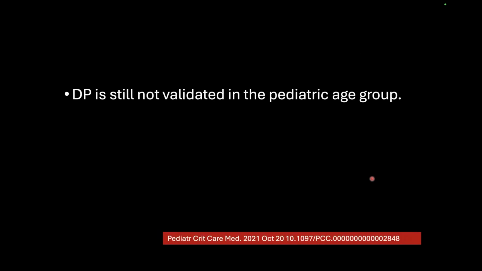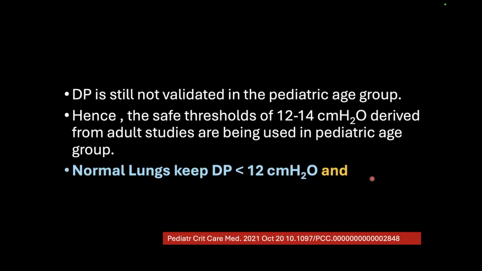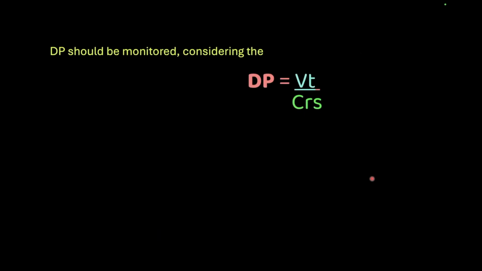Driving pressure is still not validated in the pediatric age group. Hence, a safe threshold of 12 to 14 is generally recommended. In normal lungs, it is recommended to keep it below 12 centimeters of water. And in children with pediatric acute respiratory distress syndrome, it is recommended to be kept below 15 centimeters of water.